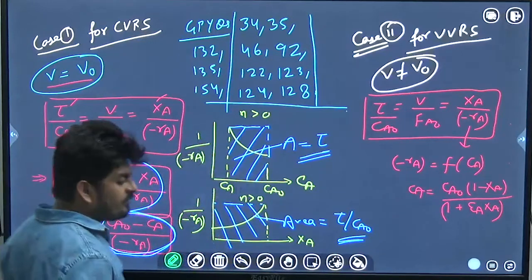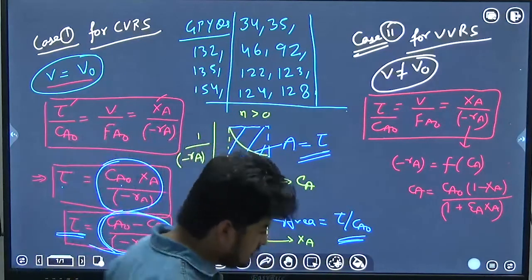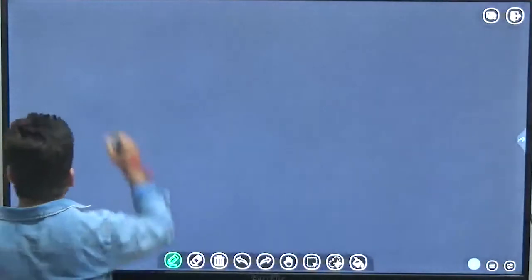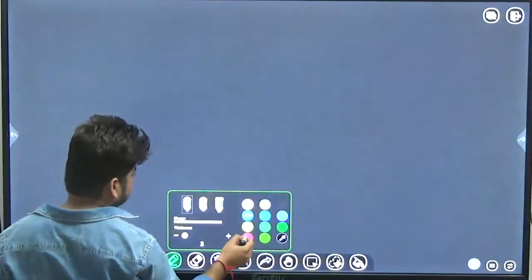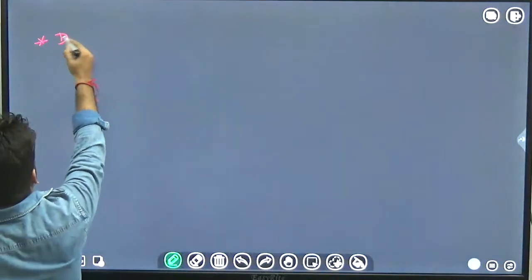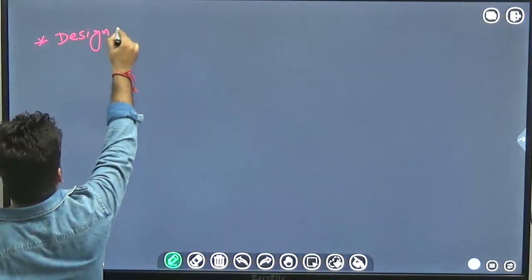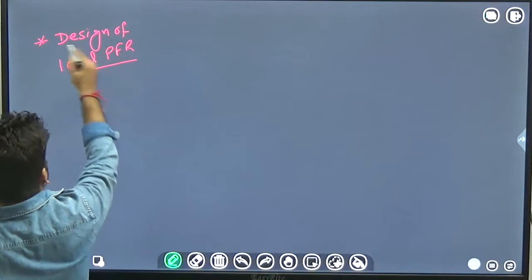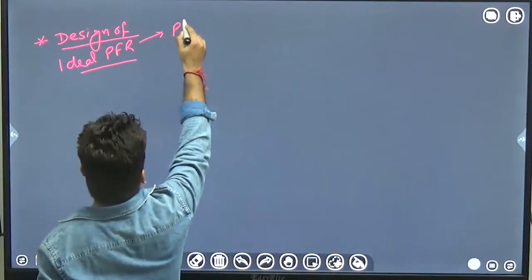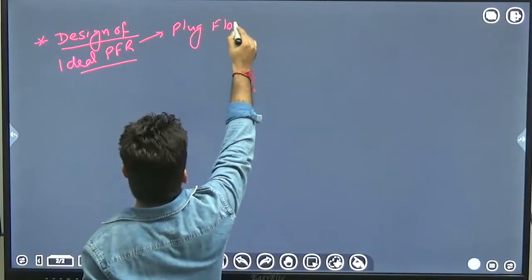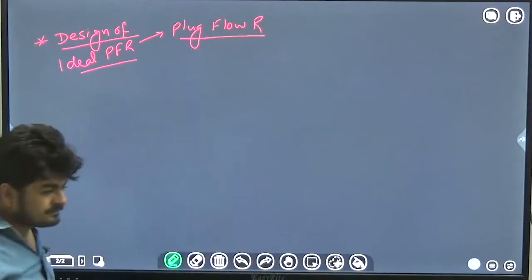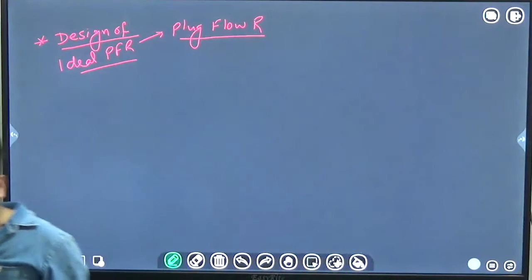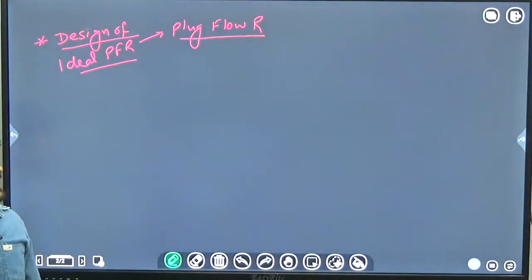So now let's move to the next topic, the design of ideal PFR, where PFR stands for plug flow reactors.